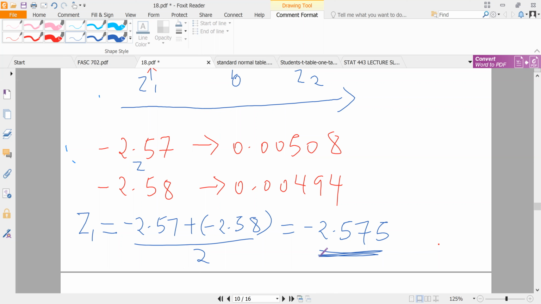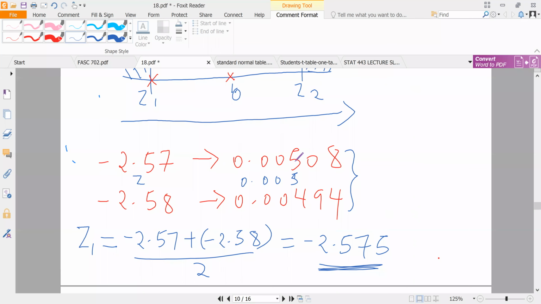And indeed, if you calculate the average of these 2 probabilities, you'll get 0.005, very close to 0.005. So we are not wrong to say that minus 2.575 is an approximate value for Z1.